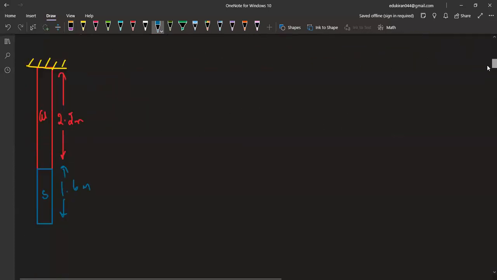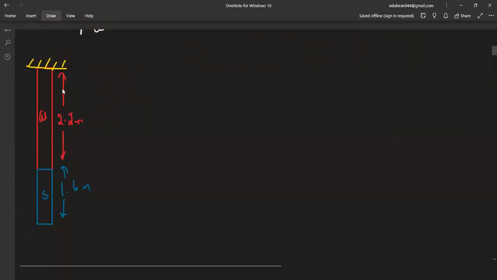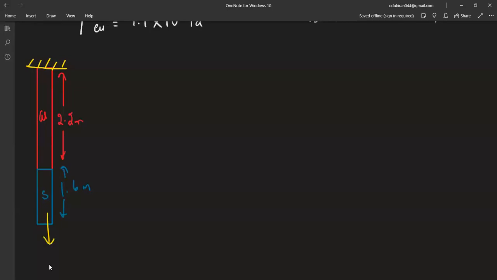A single common deforming force is applied to both of them. Now elongation, change in length of copper plus change in length of steel, is combined together and given to you as 0.7 millimeter.